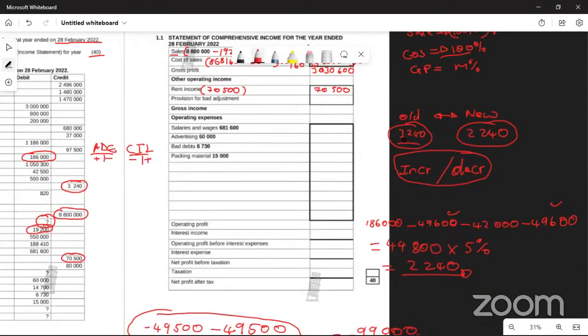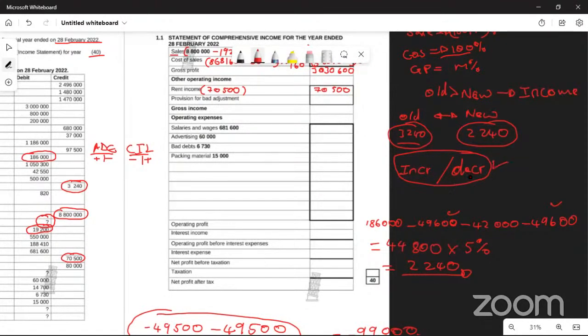Okay, now 3,200 for the old. You take the old, you subtract the new. Remember, if old is greater than new, when you are calculating provision for bad debt, you are having an income. Your difference will be an income. That means the provision for bad debt has decreased.